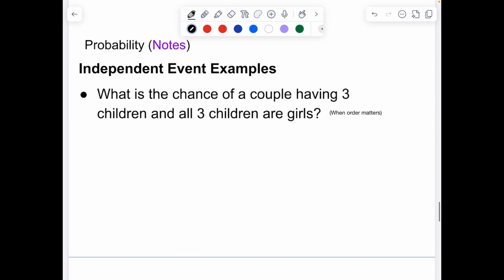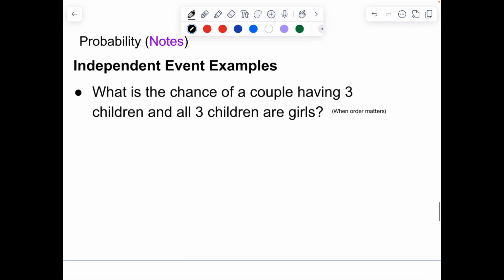Okay, so for example, what is the chance of a couple having 3 children and all 3 children are girls when order matters? I'm going to use a tree, and then I'm also going to use the multiplication example that I went over before. First, the first child could be a boy or a girl.